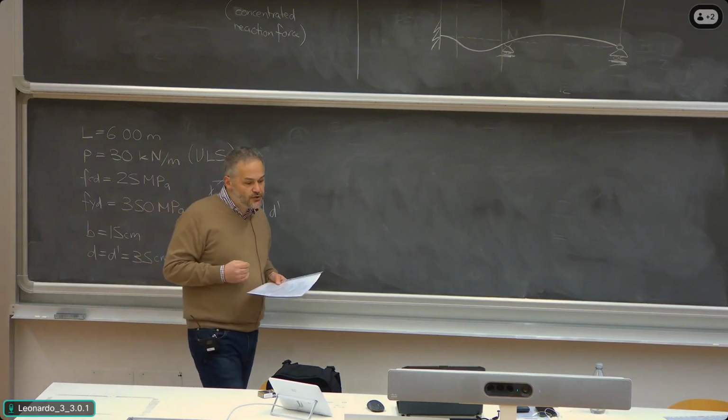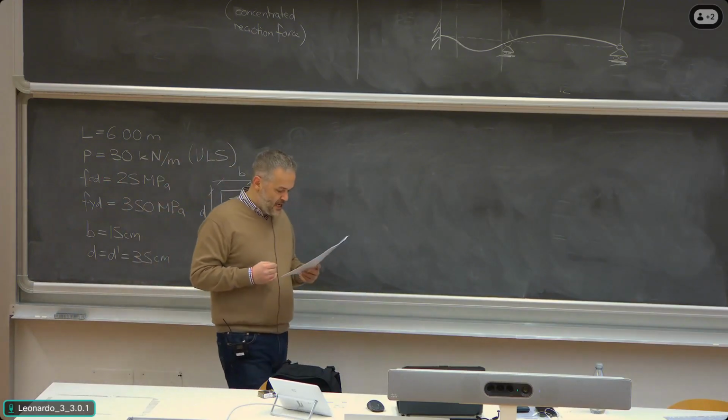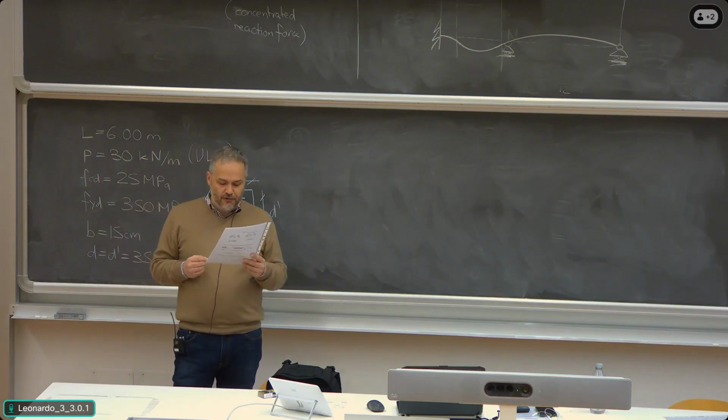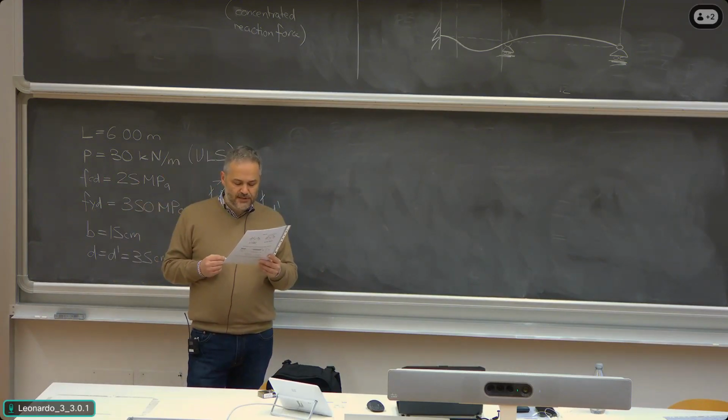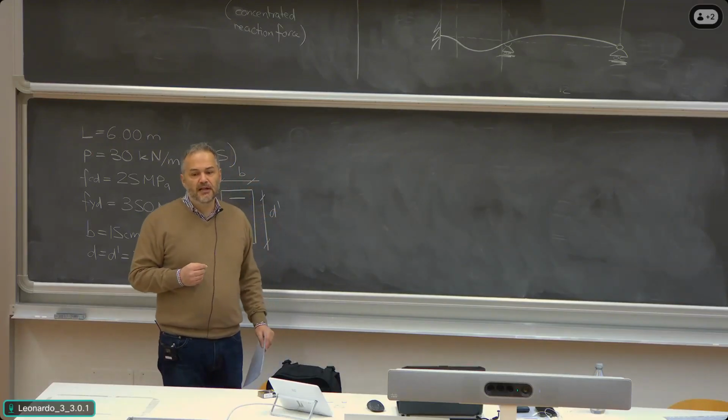So the first point concerning the design read: design the bottom longitudinal reinforcement at the point of maximum positive bending moment of span AB, assuming 12 mm diameter rebars. Typical design problem.